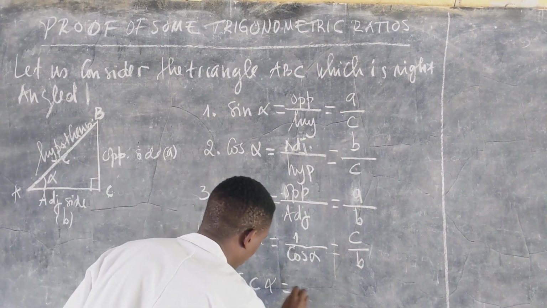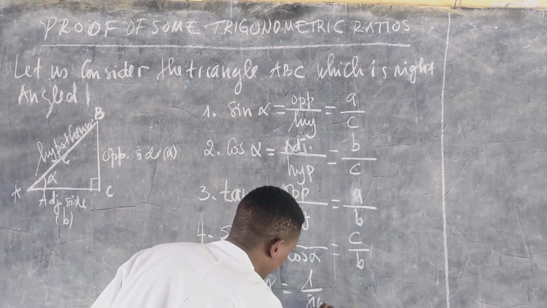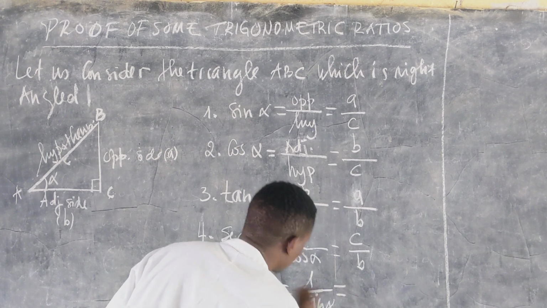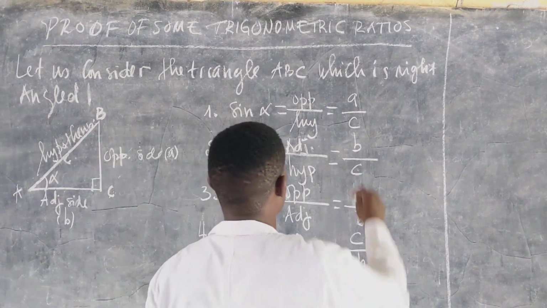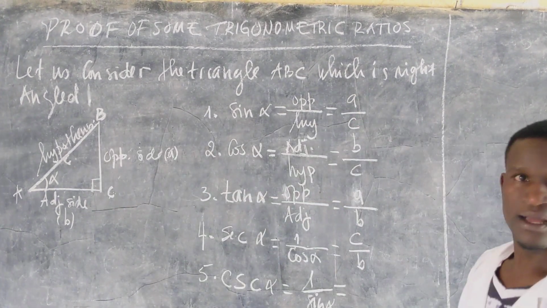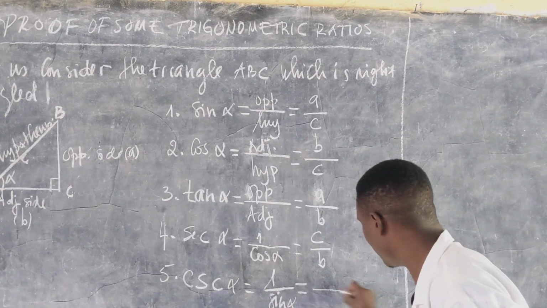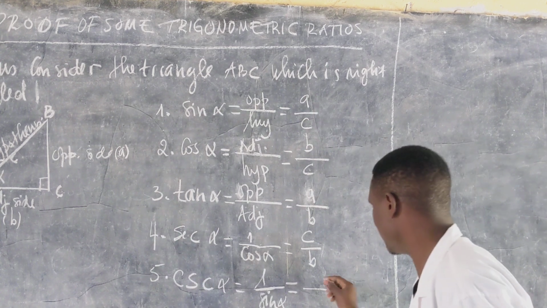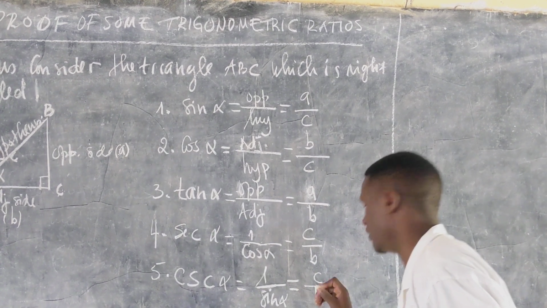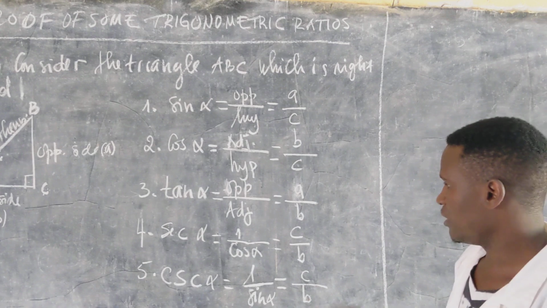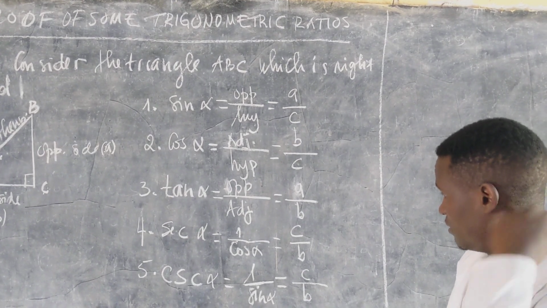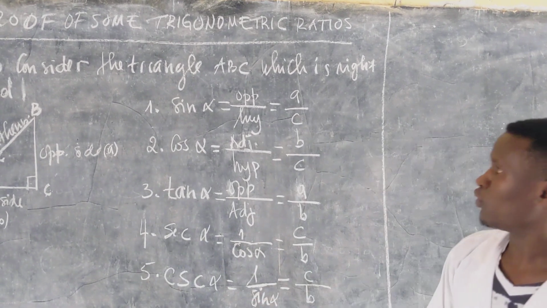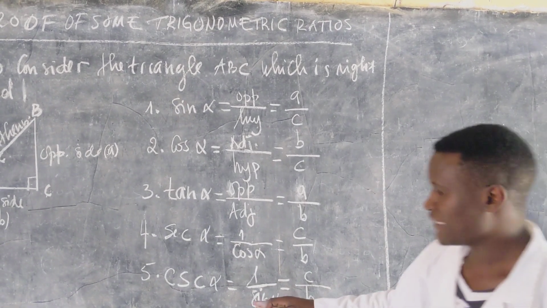Cosecant of alpha is equal to 1 over sine alpha, which is c over a. This is the fifth trigonometric ratio.